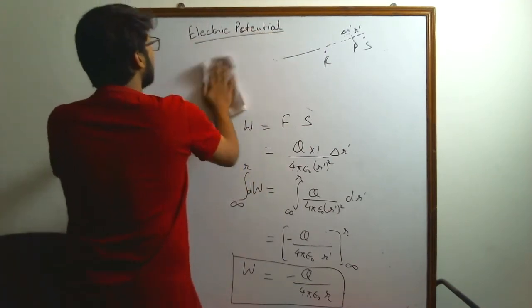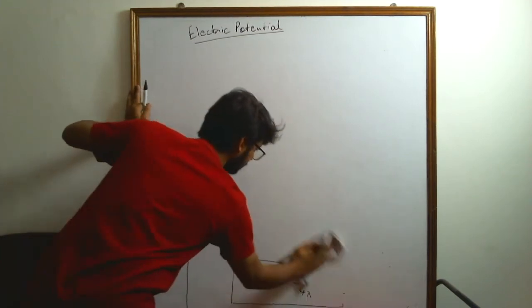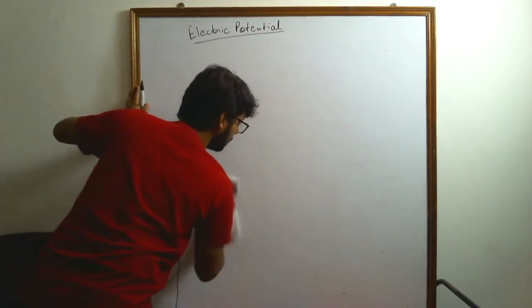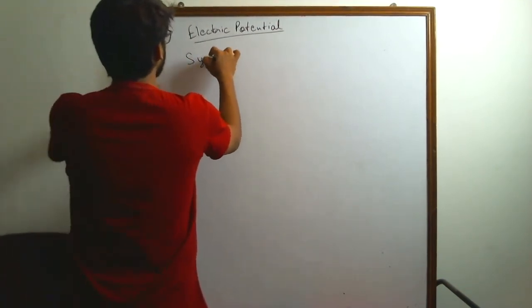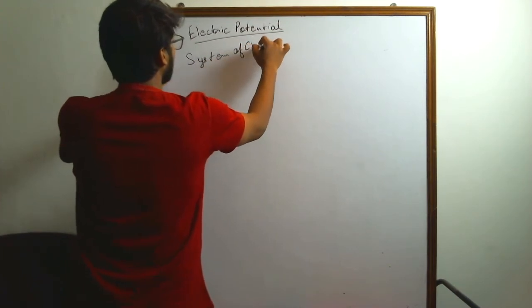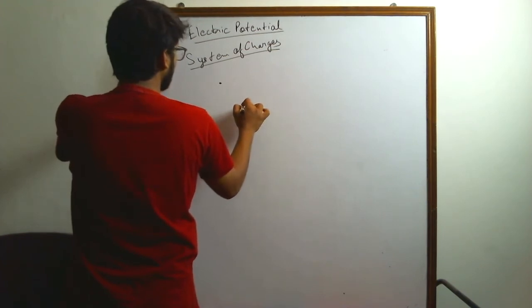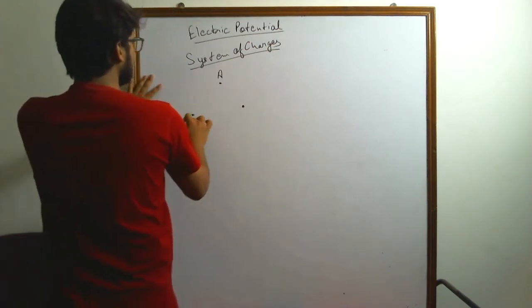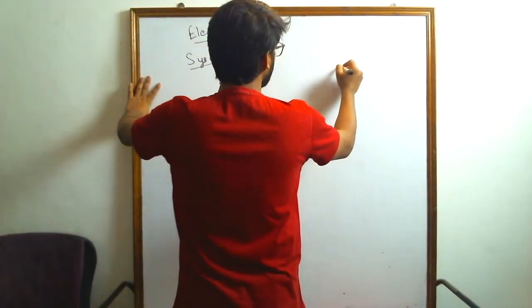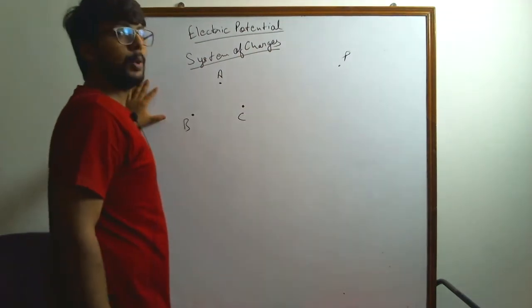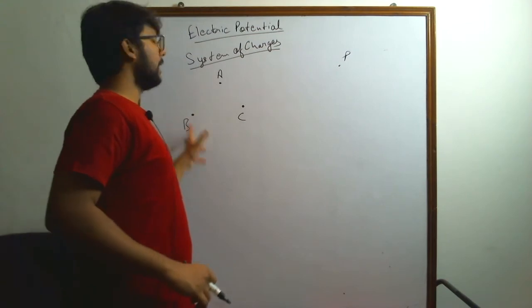Now, once we've understood this, the system of charges is super simple. System of charges simply implies that I have a group of charges like this, say A, B, C, and I have another charge P, and I want to find the potential at P by these charges.